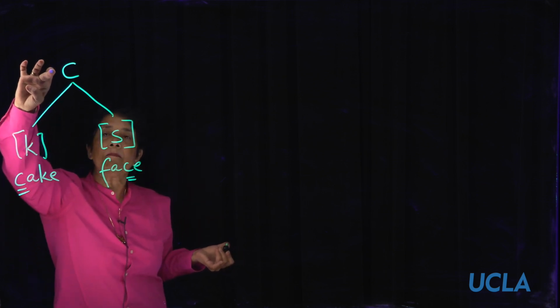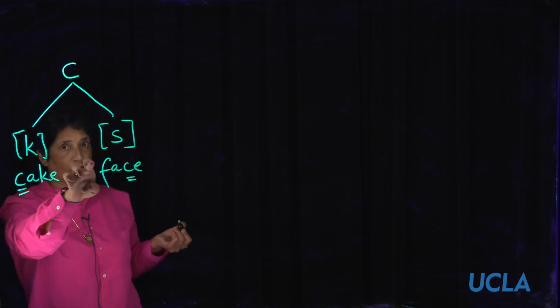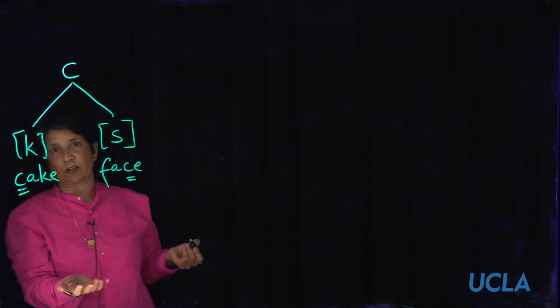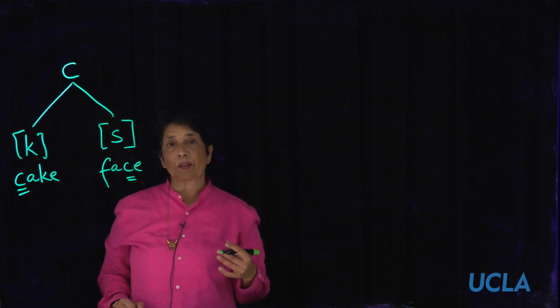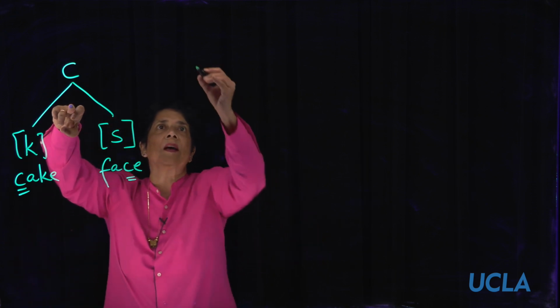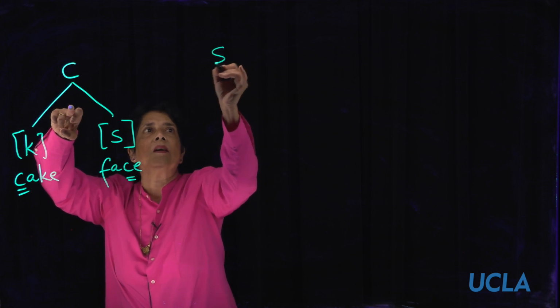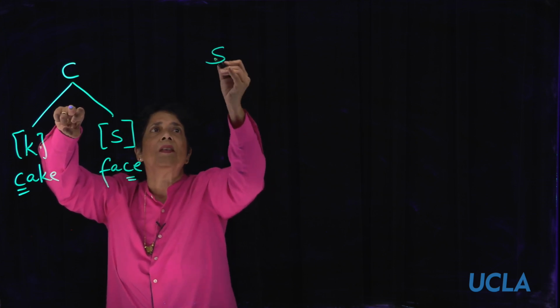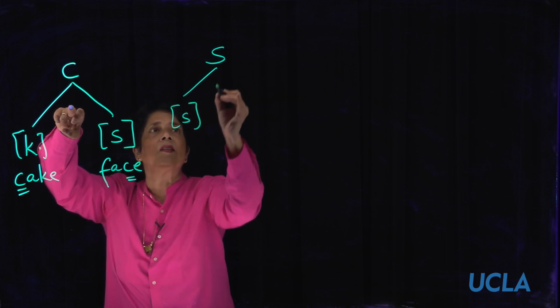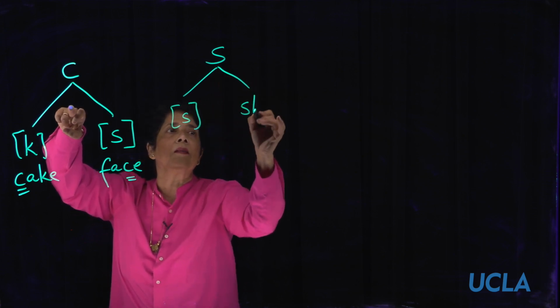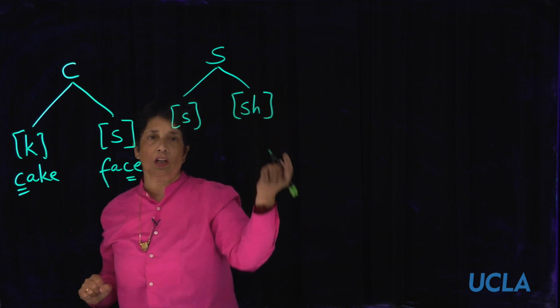So it's the same symbol, but it has two different sounds associated with it, right? Or you can have the opposite. Or let me give you another example. It'll be something like sa, s, right? You can have the sound sa, or sometimes it is a sh, right?